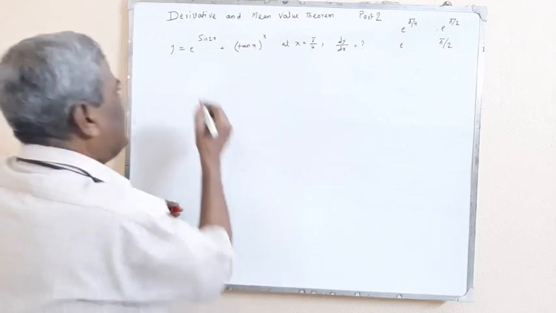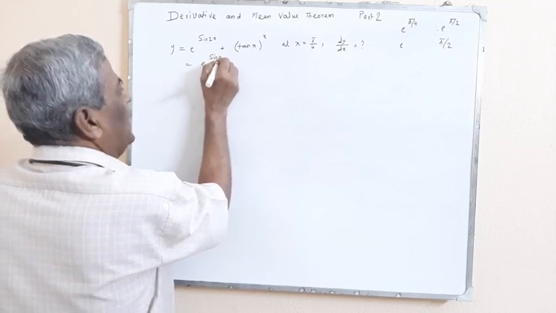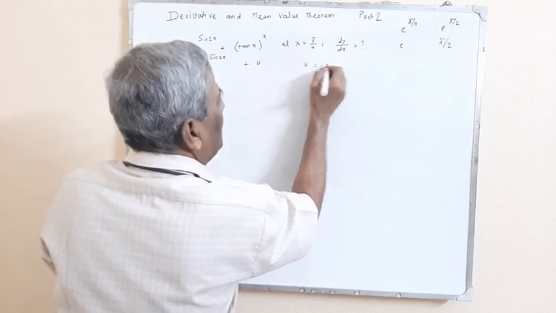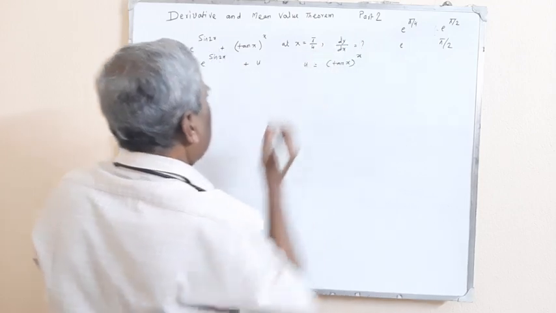For that purpose, let us take y is equal to e to the power sine 2x plus u, where u is equal to (tan x) whole to the power x.